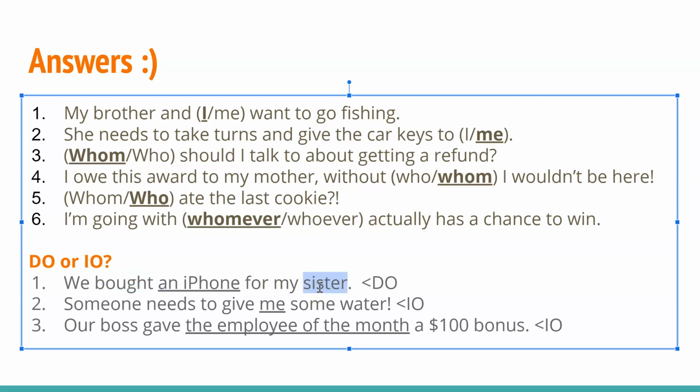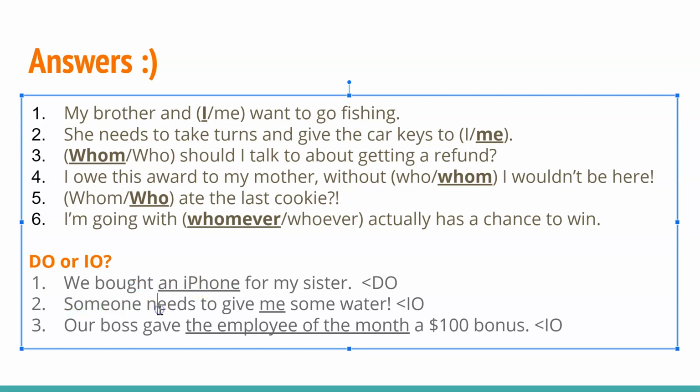Can you buy a sister? Well, not legally. I mean, arguably, adoption is you have to pay for that, but you don't buy sisters, okay? You can buy an iPhone, though, so it makes sense that the iPhone is the object being bought. It's the object or direct object of that verb, okay?